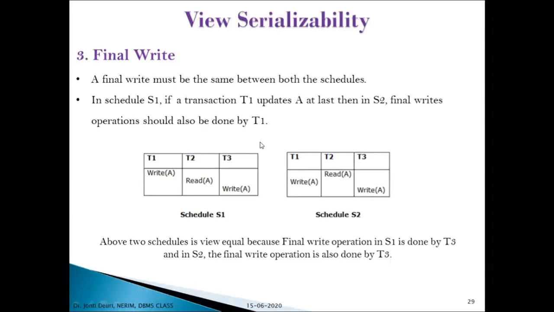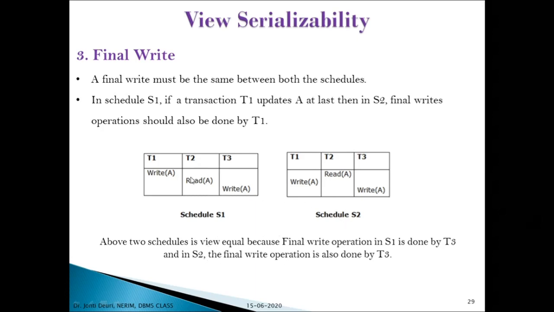Here the final write is done by T3, and here also by T3. So the above two schedules are view equivalent, because the final write is done by the same transaction. Here also the read is done, and then the final write is done by the same transaction. So this is view equivalent.